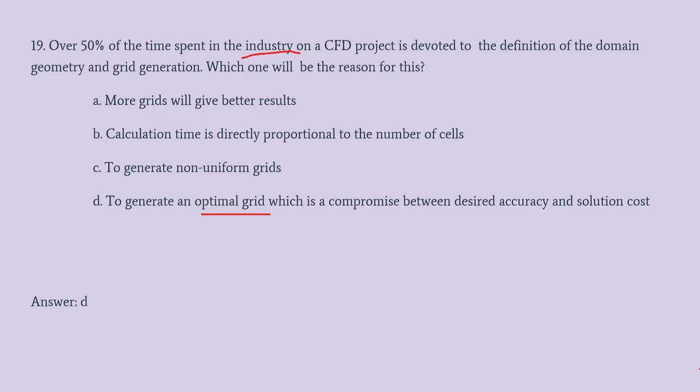Suppose you are studying velocity variation. The velocity variation in the particular geometry you have should be able to be captured by that del x and del y. It's like you are using a net to catch a fish.